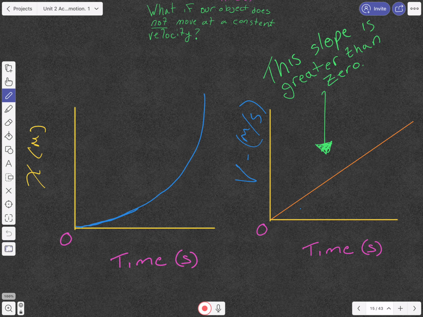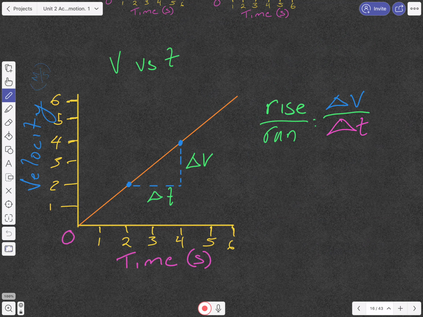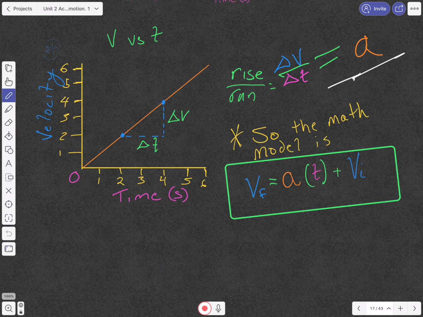So this shows an object getting faster and faster as time goes on. So now we're going to find the slope the same way we did before, except now our rise is going to be our delta V, or our change in velocity. So that change in velocity over change in time will give us A, or acceleration.